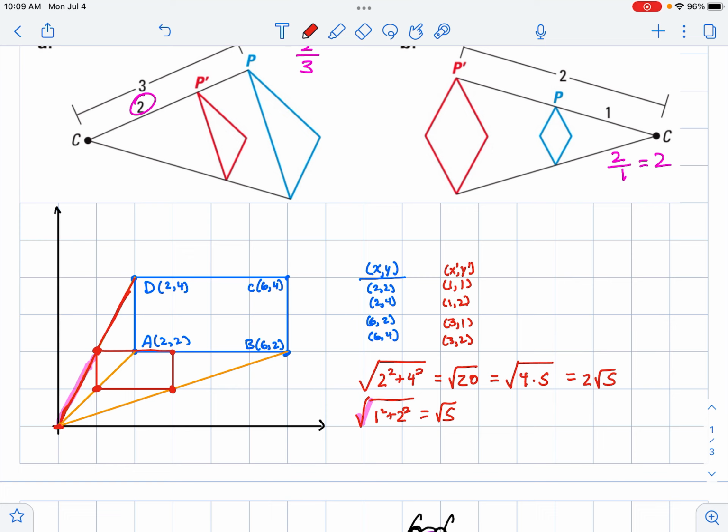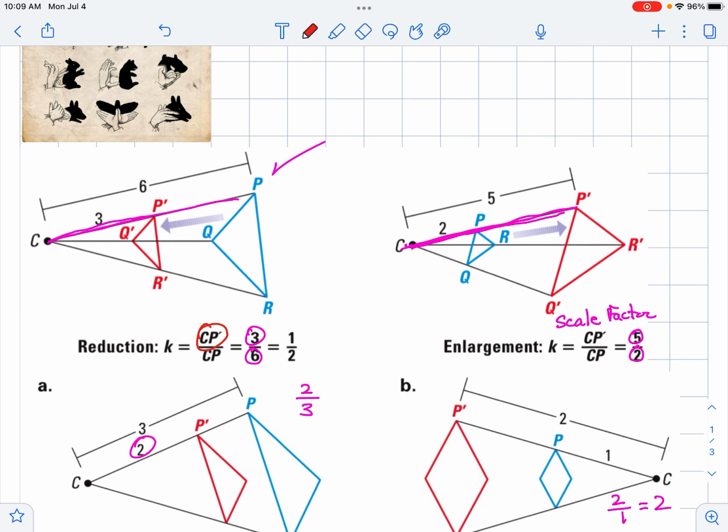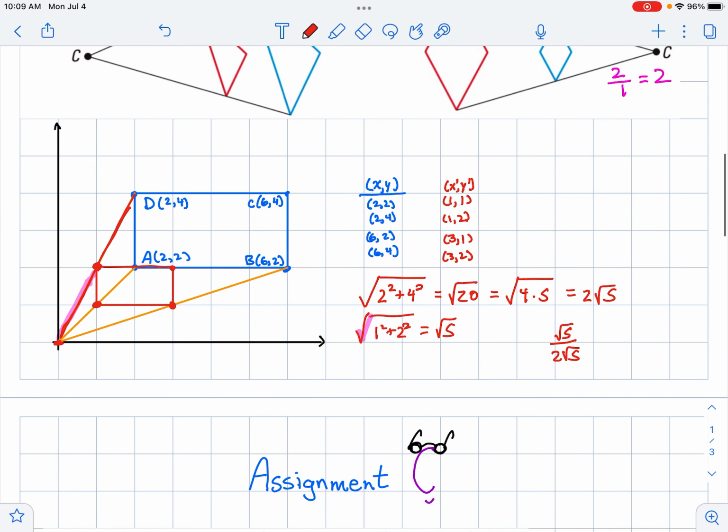And notice the ratio: the square root of 5 over 2 square roots of 5. In other words, CP prime over CP is 1/2. And that's what we were thinking we would get. That was the whole idea here.